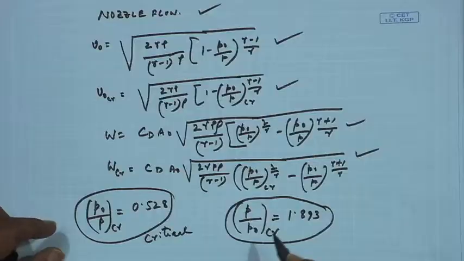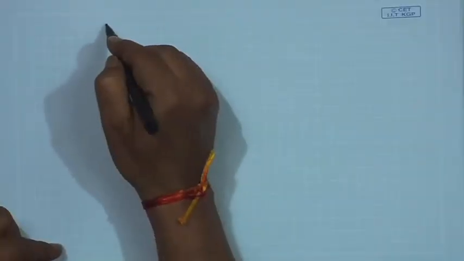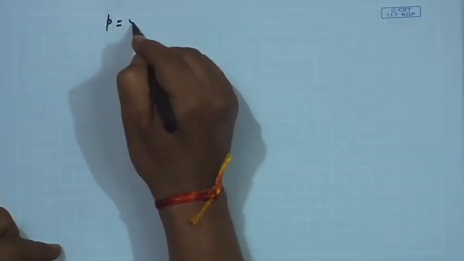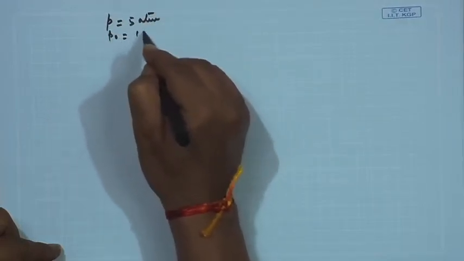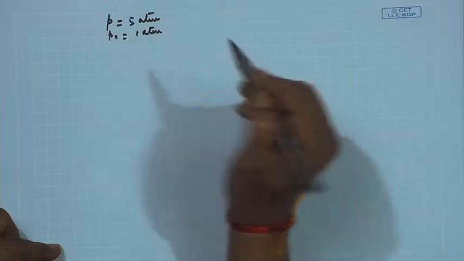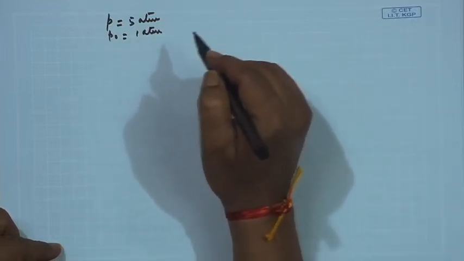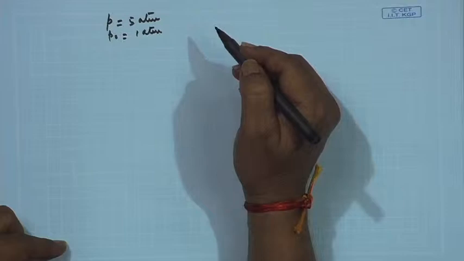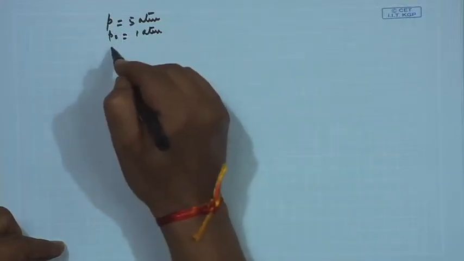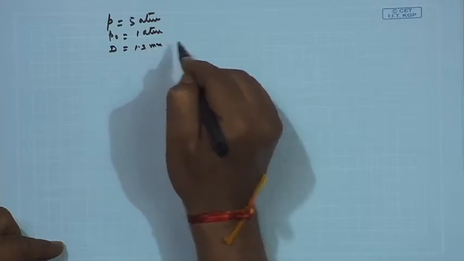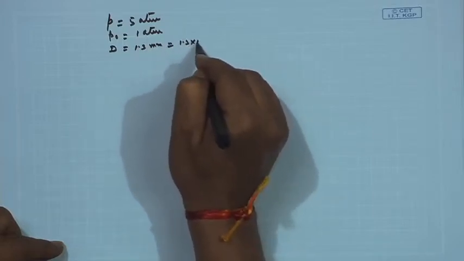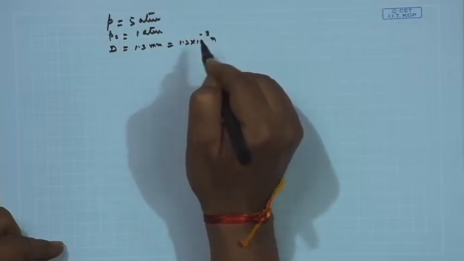Applying that, in this problem we are given that the pressure P is equal to 5 atmosphere and pressure P0 is equal to 1 atmosphere. We are also given the diameter D equal to 1.3 millimeter, which is 1.3 times 10 to the minus 3 meter.